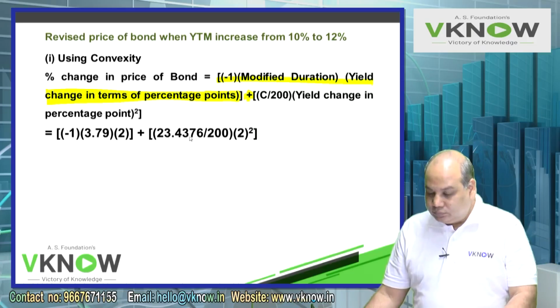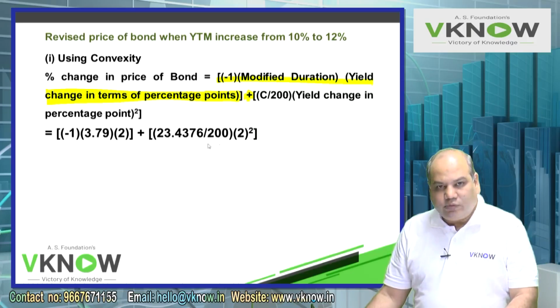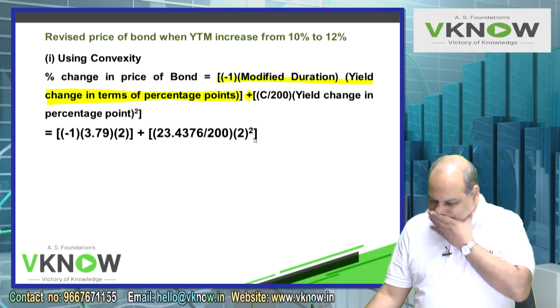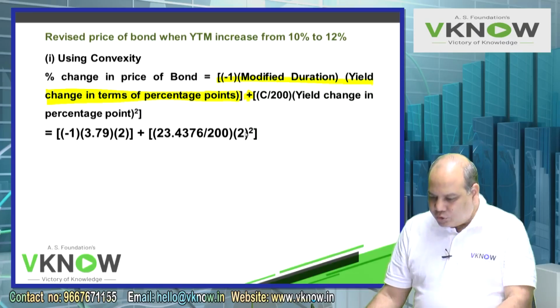23.4376 divided by 200 into change in the yield, which is 2%, into 2 square.